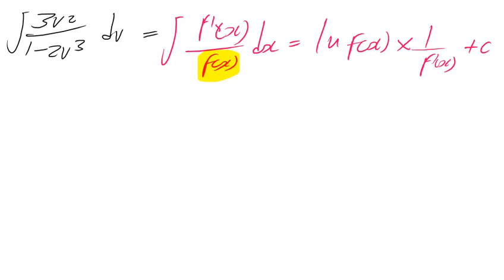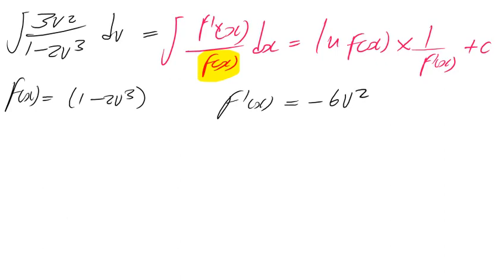Then when you take that f of x and differentiate it, it must give you the top one. You must get the f prime. So let's take the bottom f of x, which is 1 minus 2v cubed. Let's differentiate that.